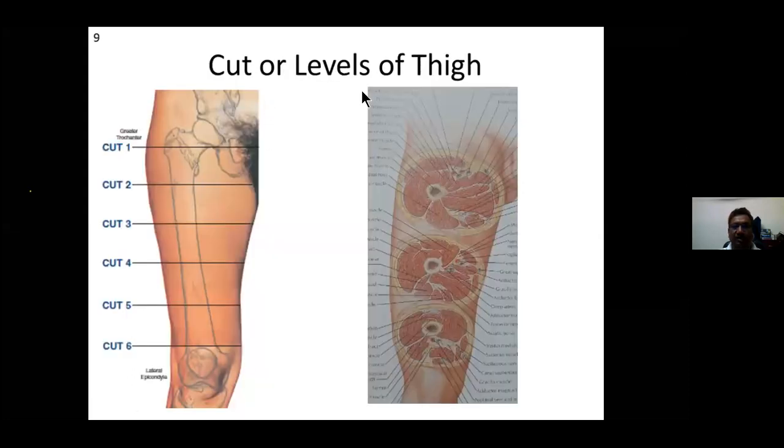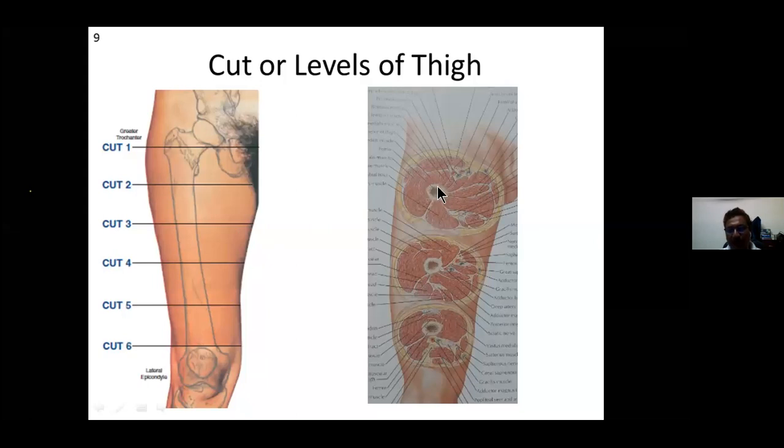These are the cut levels of the thigh. Usually, the thigh is divided into 6 cuts: 1, 2, 3, 4, 5, 6. We also have a rough idea about the upper third, middle third, and lower third.